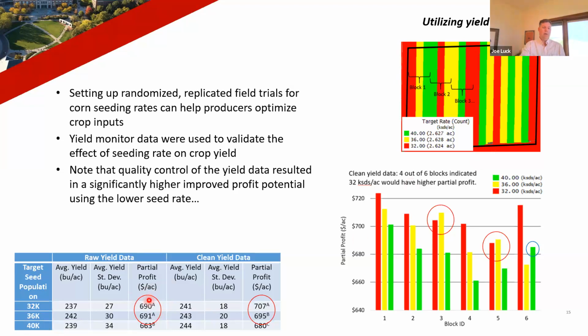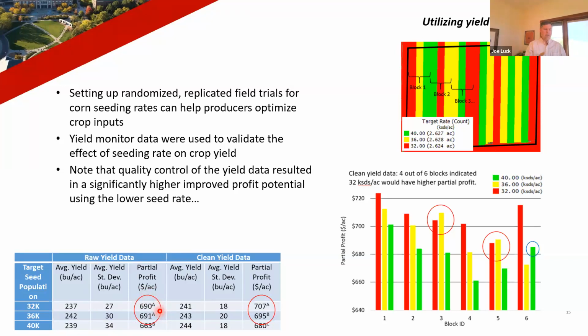And I like to use this example because there were a few yield monitor data errors we picked up in this data set. And if you use the raw data, what you find is there's really no difference between those 2 seeding rates in terms of profit potential.